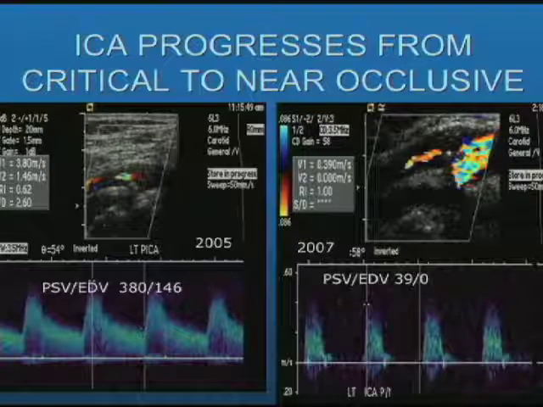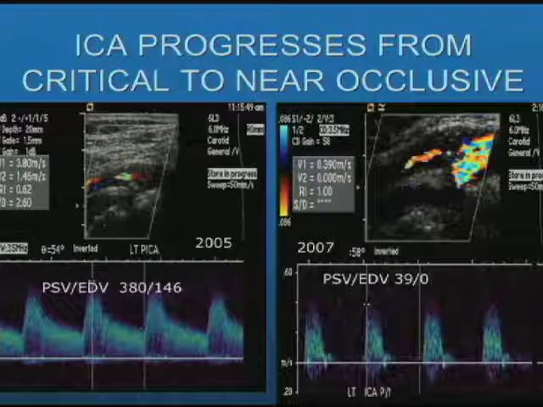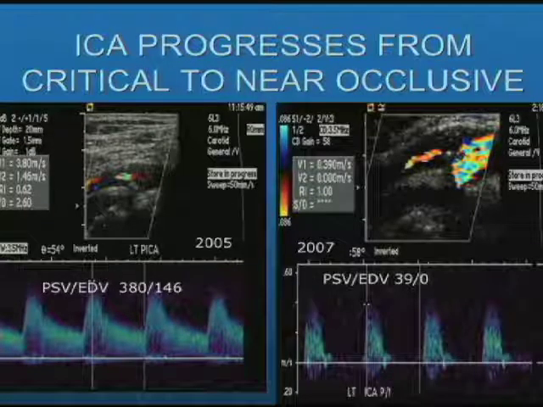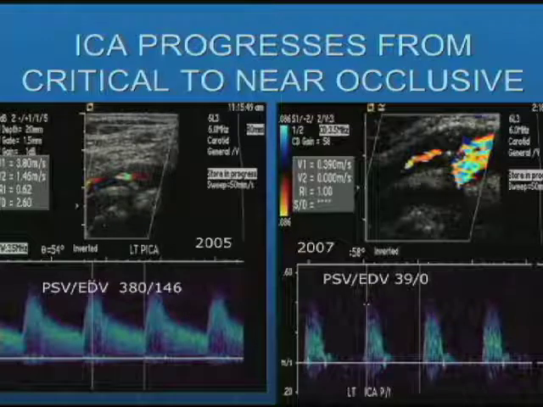Now, let's talk a little bit about the internal carotid artery and its progression of disease from critical to near occlusive. As you see here on the left, the patient has a high peak systolic velocity of 380 and a high end diastolic velocity of 146.